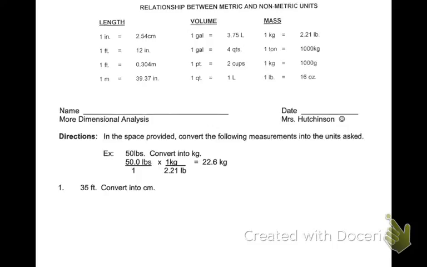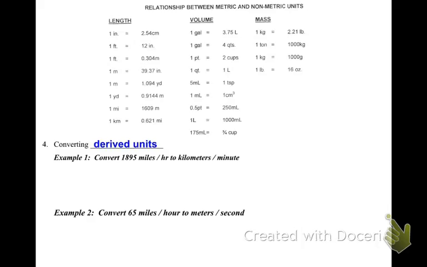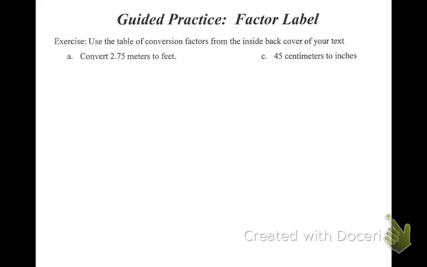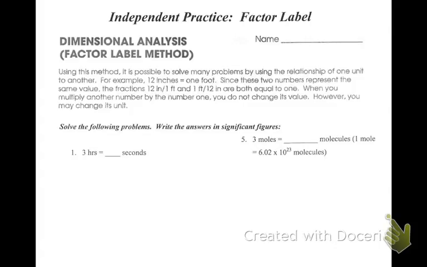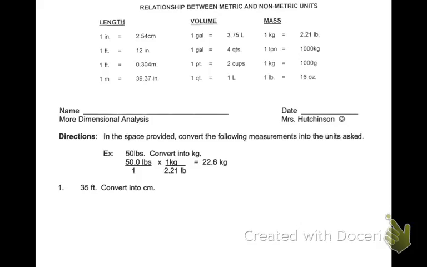So again, you're going to be working on 3 worksheets. You're going to work on our guided practice for factor label, so that worksheet. You're going to also work on the independent practice, both sides. And then you're also going to work on our more dimensional analysis worksheet. So we've got 3 worksheets for you to work on.